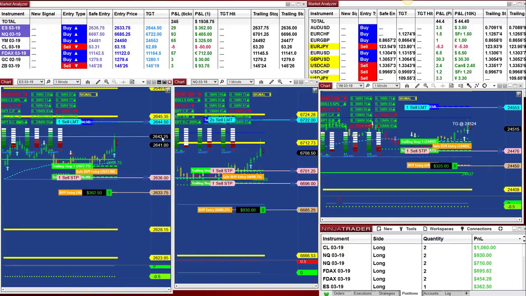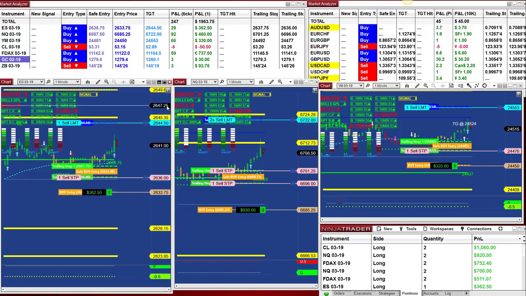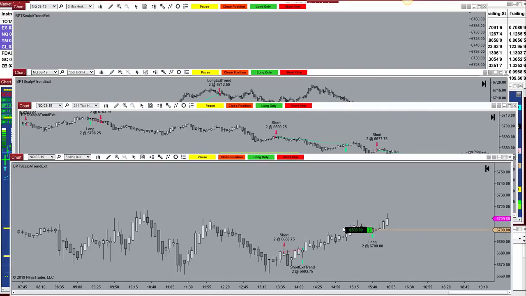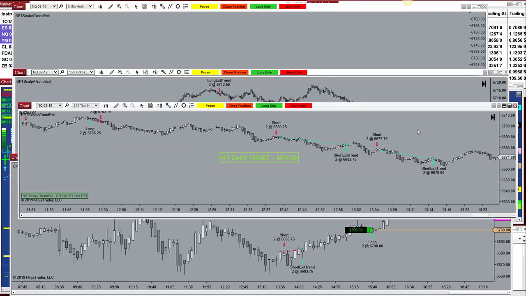It looked like we were about to hit the targets on the YM, Nasdaq, and ES. Nothing is holding this market, just a little resistance here. Let's look at the Nasdaq. This is the 5 minutes, but it's been in and out of the market. Today the Nasdaq and the YM did not take that many trades on the 5 minutes.